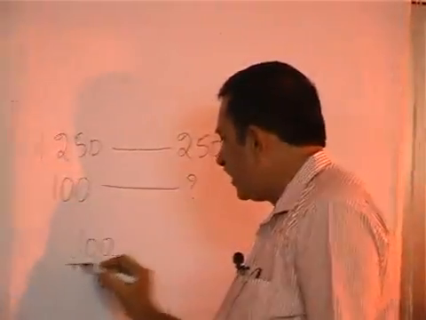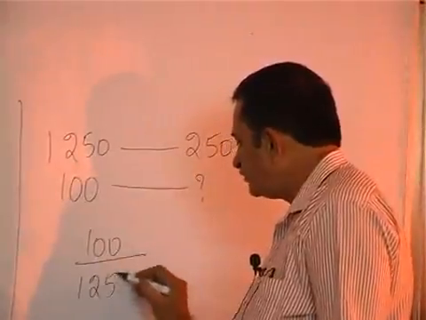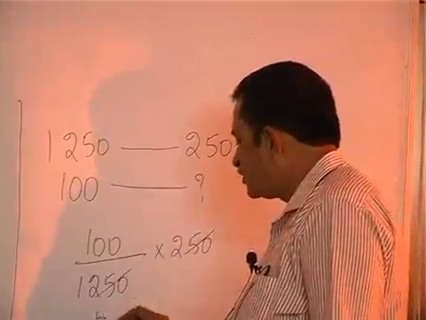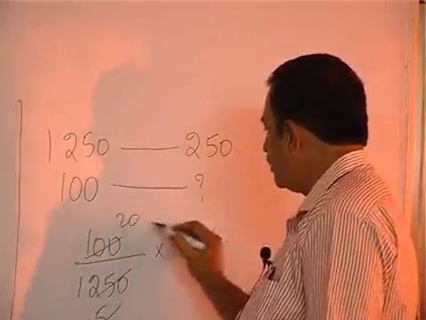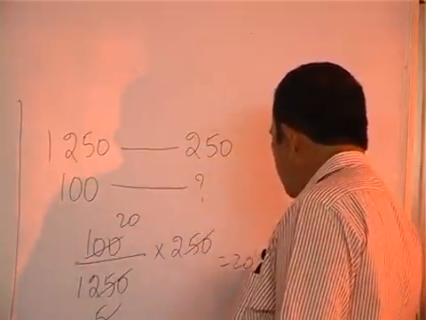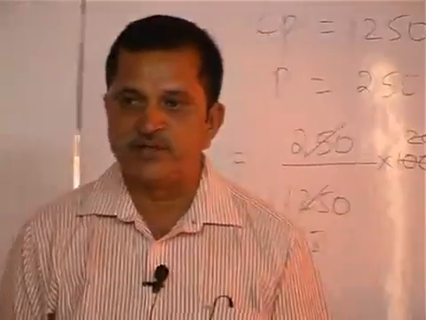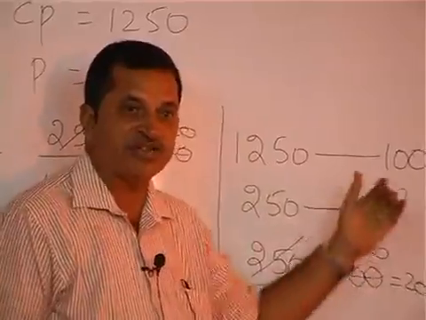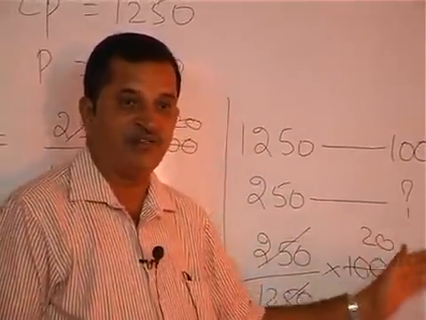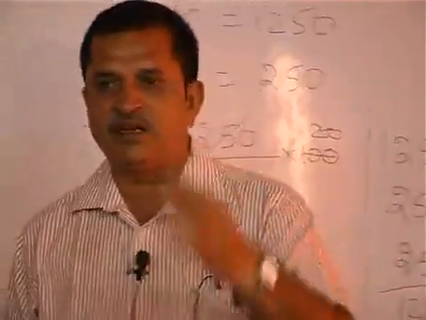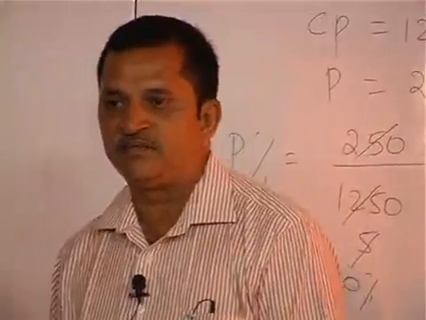So, less by more into 250, the profit is 20%. Understood? So, if you are not getting 20%, your value is other than 20%, definitely your psychological condition is not well. Any method you take, 20% definitely you will get.